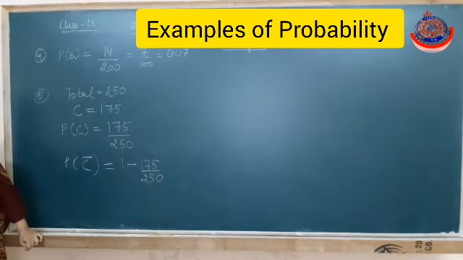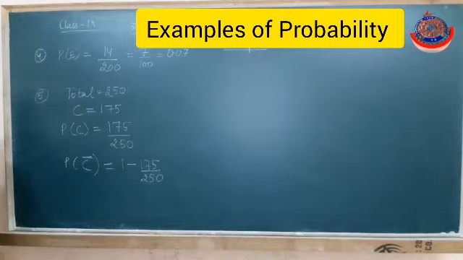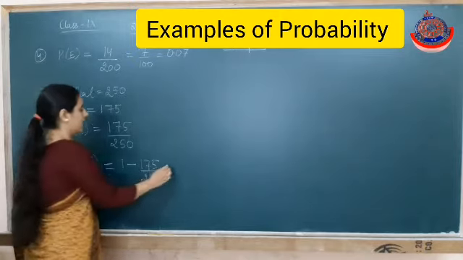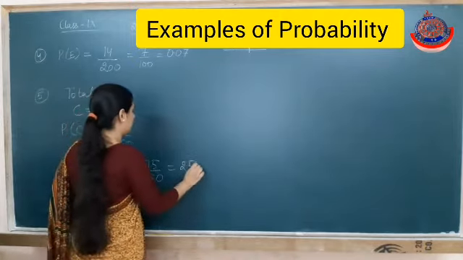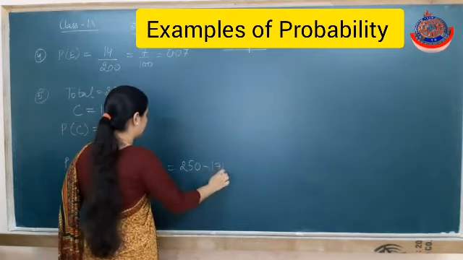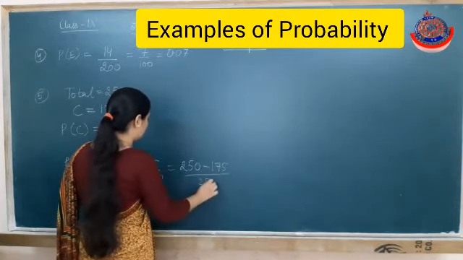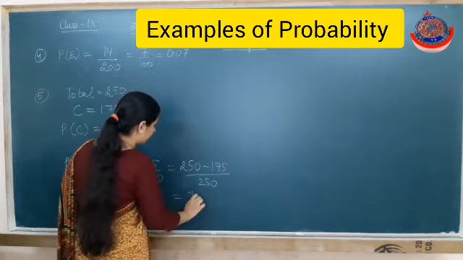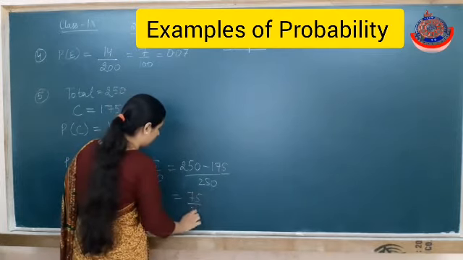So this will be equal to 250 minus 175 upon 250, which is 75 upon 250.